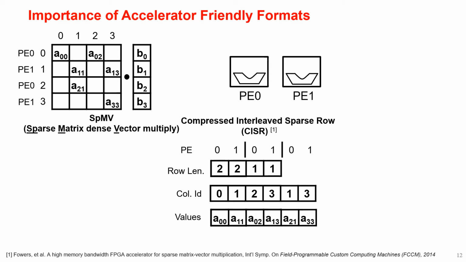And in the next step, since PE0 and PE1 ran out of non-zero entries, the next available rows are row 2 and row 3, and they are assigned to PE0 and PE1. Their values are written to the values array along with their column indices in the column ID array. Thus, SCISSR format does a contiguous allocation of data assigned to different PEs.